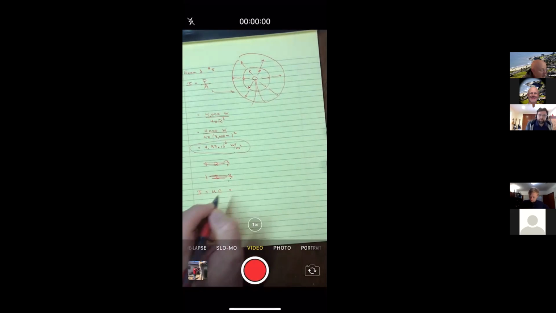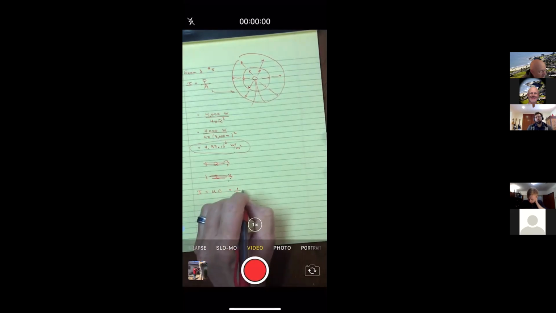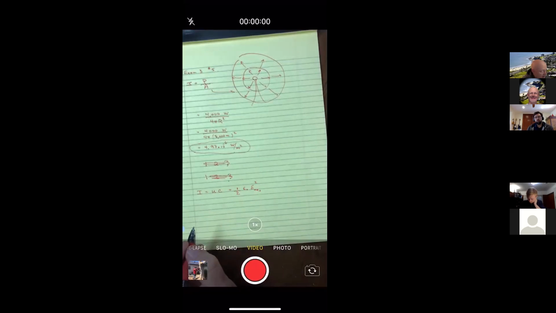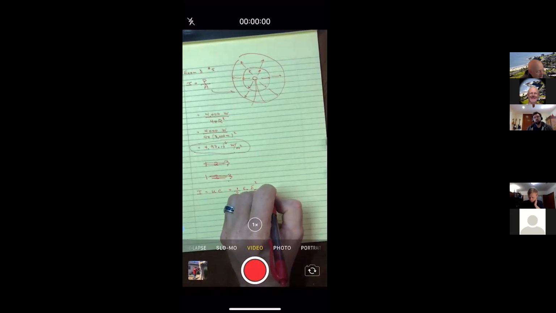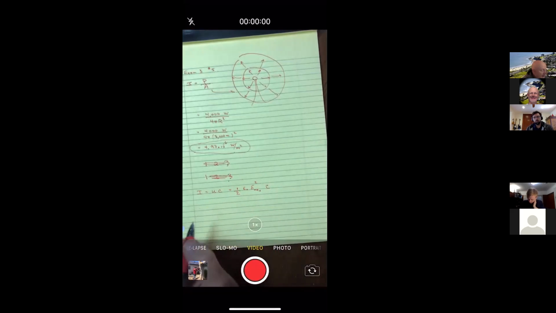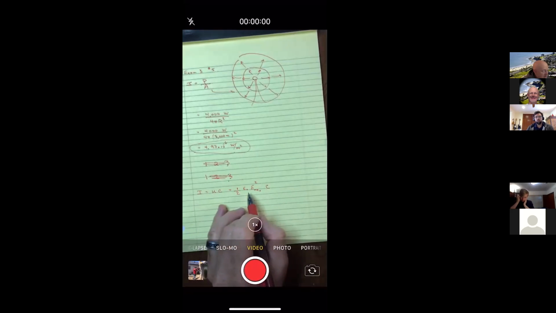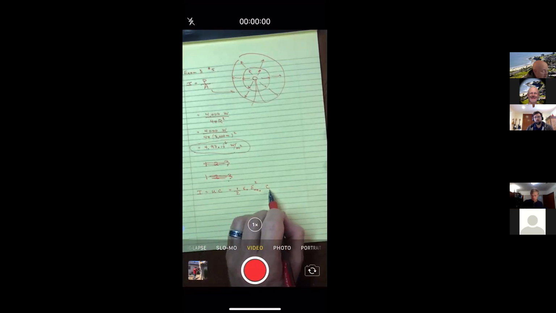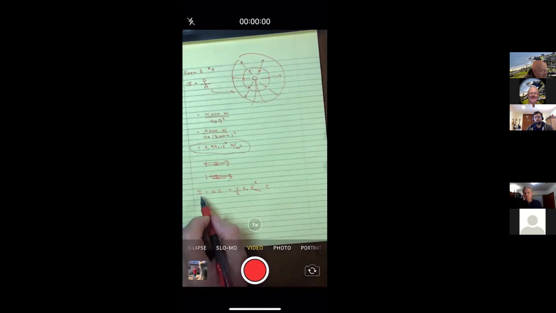And the energy density is 1/2 epsilon naught, the maximum electric field squared, times c. Because we know the permittivity of free space, we know the speed of these waves, and we just figured out the intensity, we could get the strength of the electric field at this point.